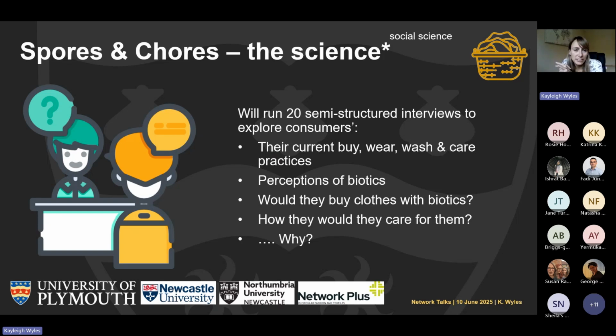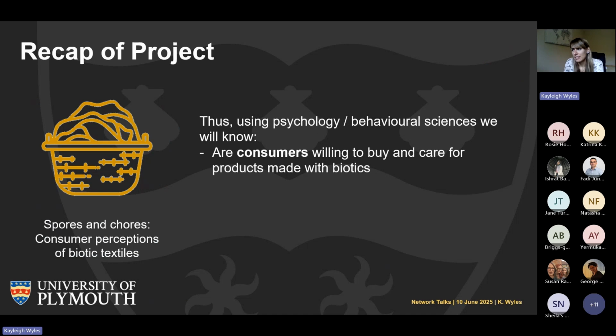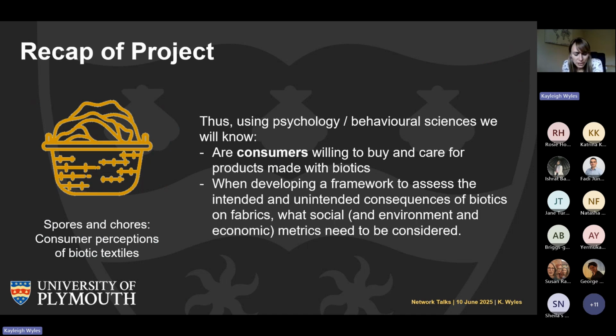With this, we're using interviews to explore that more, to see if people like the feel of it, and would be willing to actually buy and care for it in the appropriate ways. Looking at people's willingness, we'll also be trying to work with Max, Angie, Jane and Richard to identify the key framework we need to assess the effectiveness of this and similar innovations going forward.